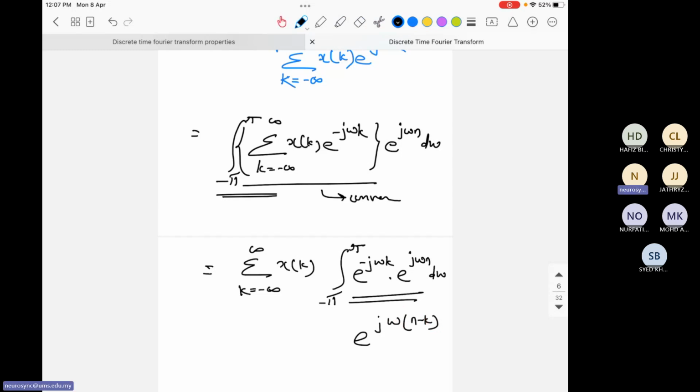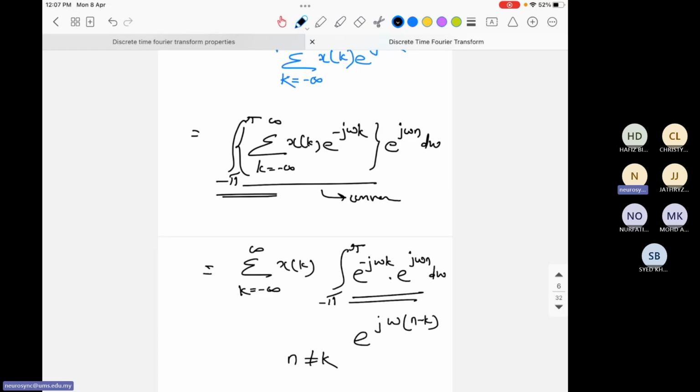Because n and k are integer values, they are not changing. Omega is changing. Please understand. N and k are constant integer values.